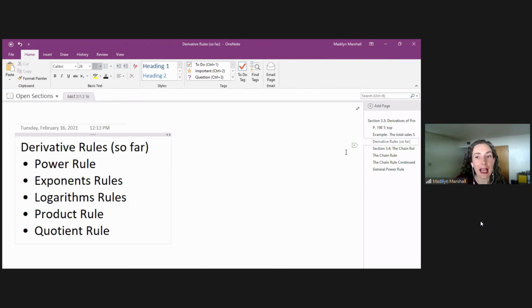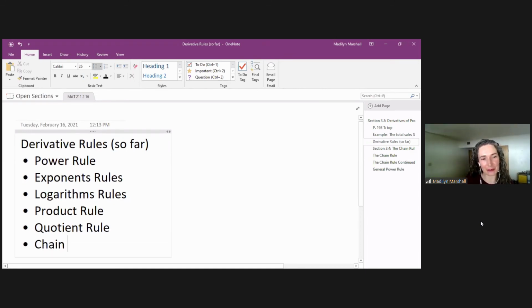Our last rule, can I say that confidently? Yes, our last derivative rule is called the chain rule. And that's what we are going to be focusing on most today. The chain rule combines all of the other rules. So we need to know everything else in order to use the chain rule.